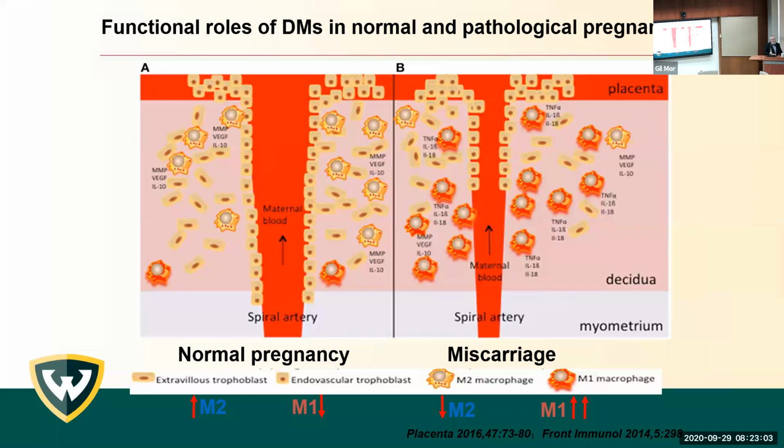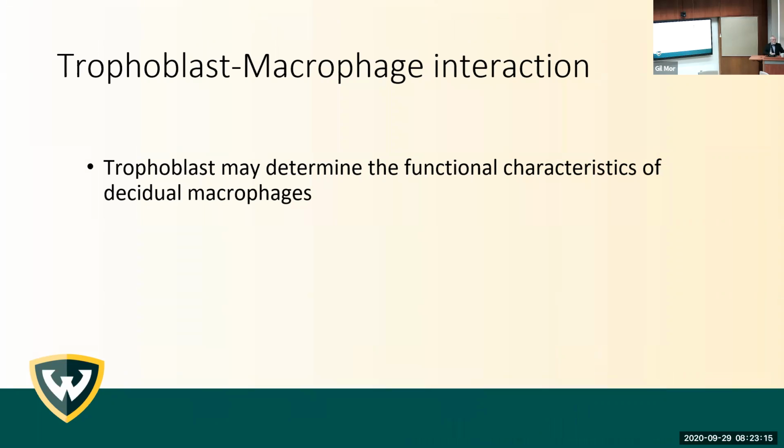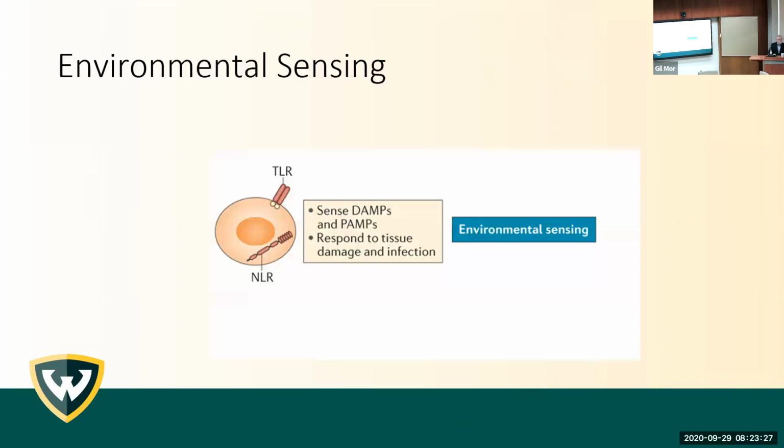So a lack of shift from M1 to M2 will lead to abnormal implantation, including abnormal spiral artery transformation. In other words, the interaction between the trophoblast and the macrophage will determine the functional characteristics of these cells.